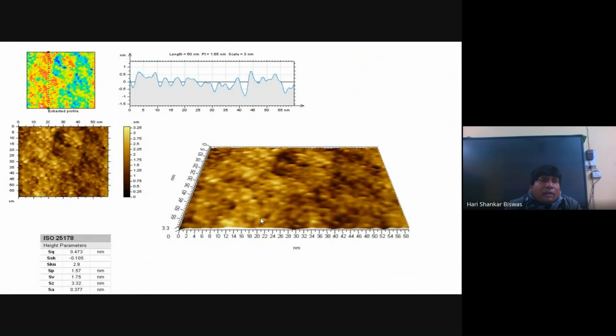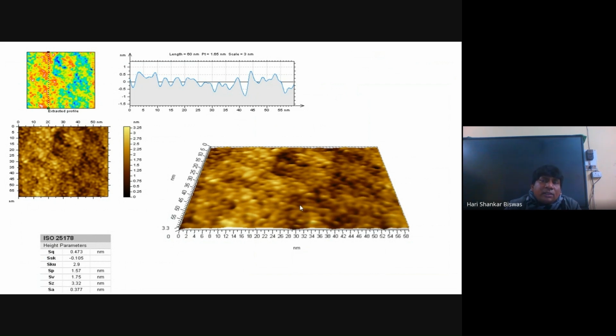And this is actually our sample, hydrogenated diamond like carbon. We have measured up to a 60 nanometer area, and this is the three-dimensional image of the hydrogenated diamond like carbon surface.